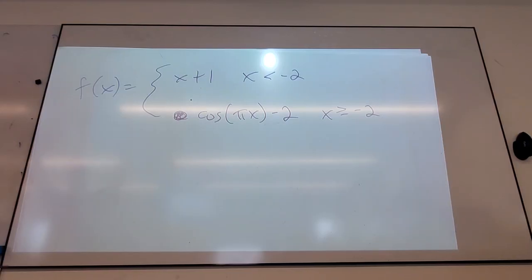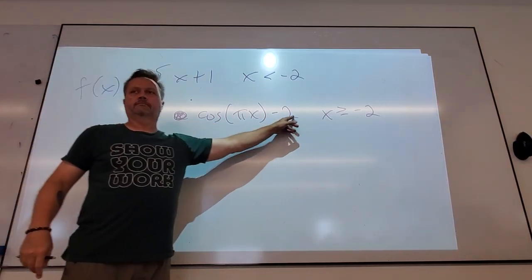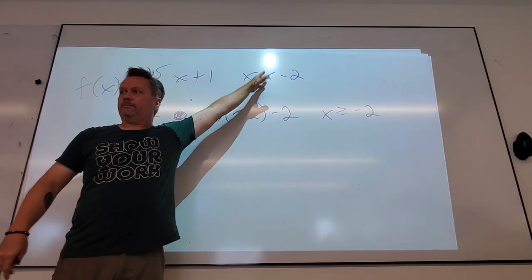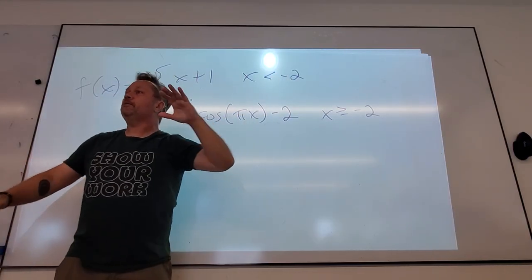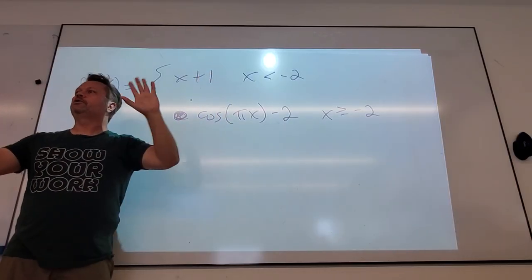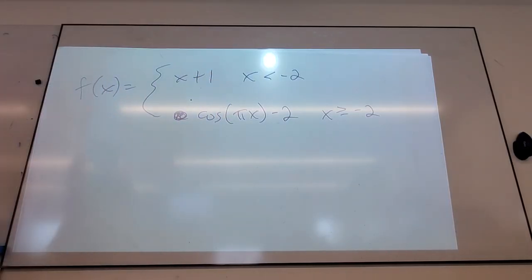Where am I? 0 degrees. What's the cosine there? 1. What's 1 minus 2? Did the handoff work correctly? Were they at the same place? Do you guys see what I mean? Do either one of these functions have an issue somewhere? No. So the only place this could be discontinuous is at -2.